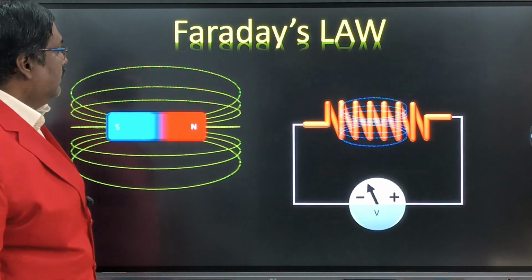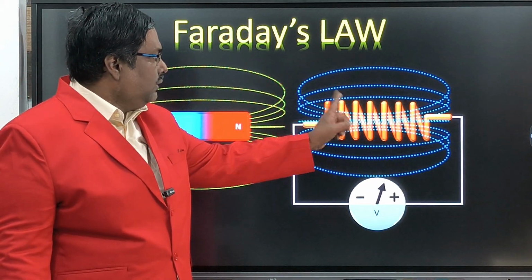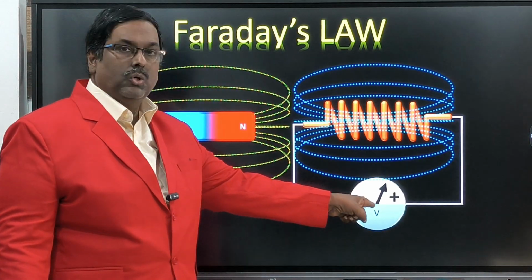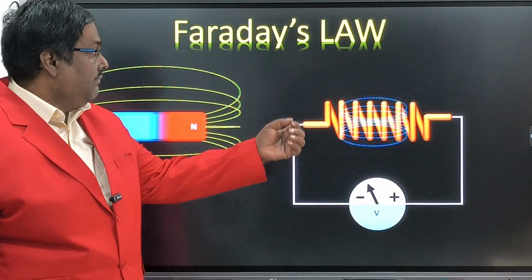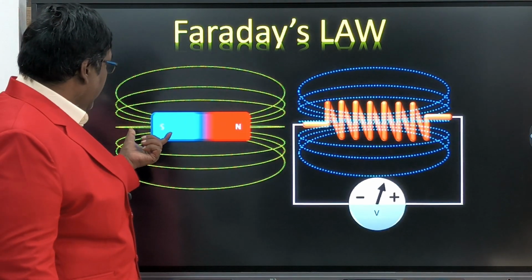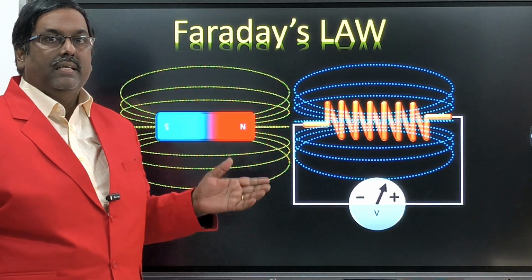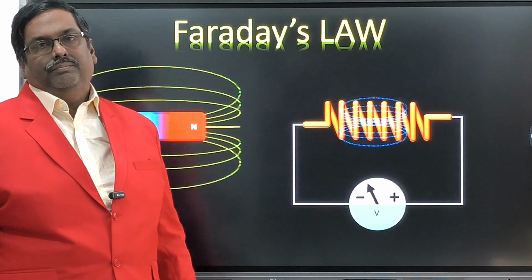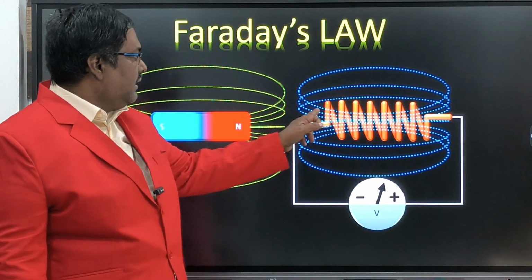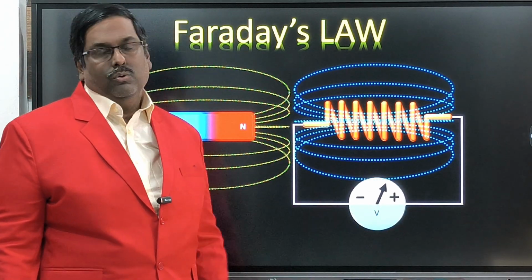You see, the magnet is moving. Up to that point, there is no change in the flux. If there is no change in the flux, there is no voltage. But if there is a change in the flux, because this magnet is going close to the inductor coil, its permanent magnetic flux is cutting the coil. If the flux cuts the coil, you will get the EMF voltage.